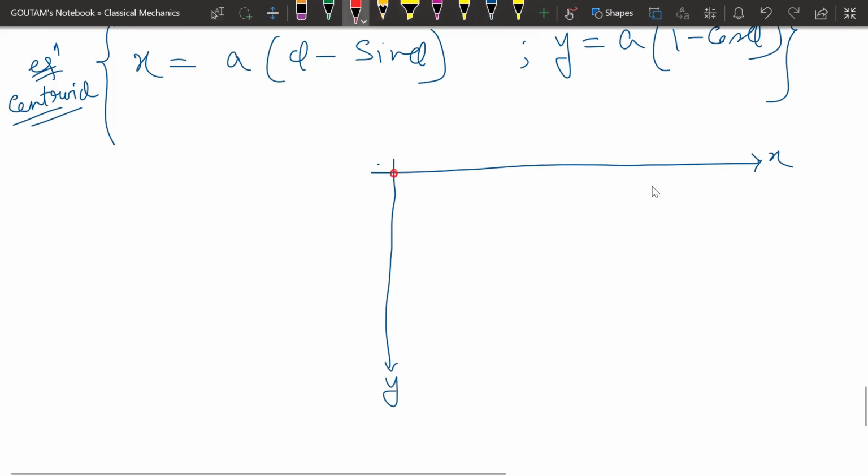Let's say this is the starting point, point 1, and this is the ending point, point 2. In that case, the path followed will look like this.